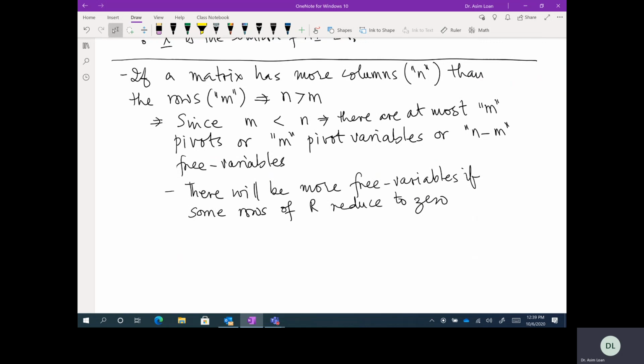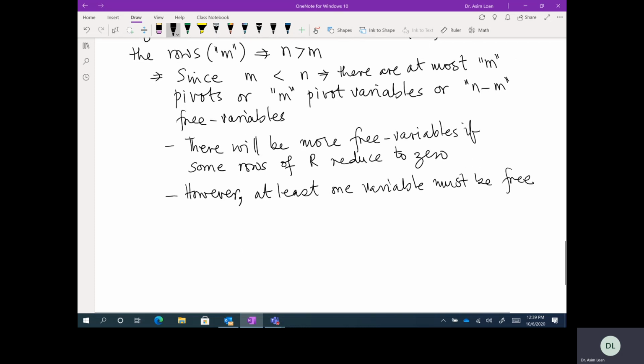Some rows of R reduced to 0, however, in any case, at least one variable must be free, which means we have a line of solutions. This implies Ax equal to 0.